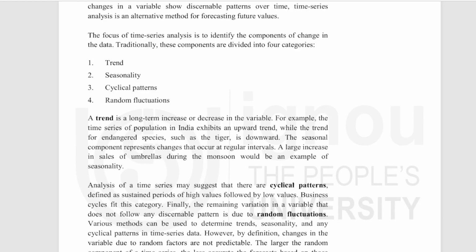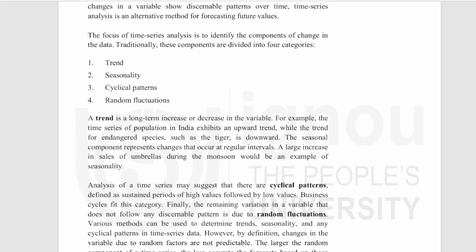Traditionally, these components are divided into four categories: trend, seasonality, cyclical pattern, and random fluctuation. Trend is a long term increase or decrease in a variable. The time series of population in India exhibits an upward trend, while the trend for endangered species such as the tiger is downward. The seasonal component represents changes that occur at regular intervals.